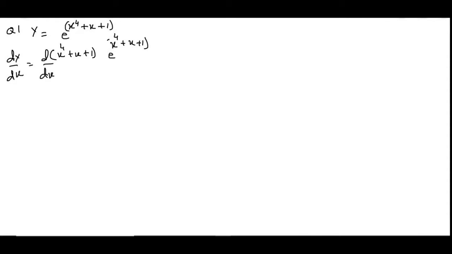So the differential of this will be 4x cube plus 1 plus 0, because the derivative of a constant is always 0, and here we will write the original exponential function as it is.